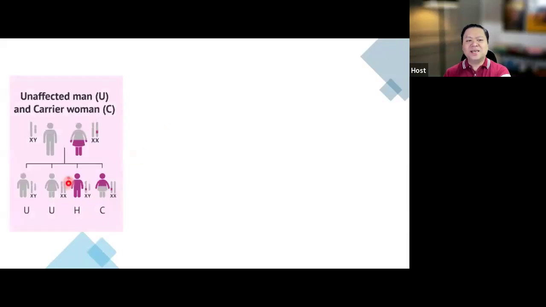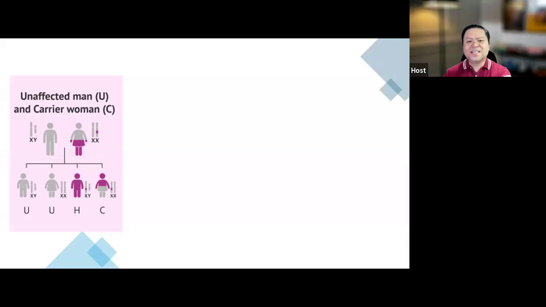You will see here that the father is unaffected, so he does not have any genes with the hemophilia trait. However, the mother has one X chromosome with the hemophilia gene mutation. Please pay attention to this. The mother is the carrier, whereas the father is unaffected.